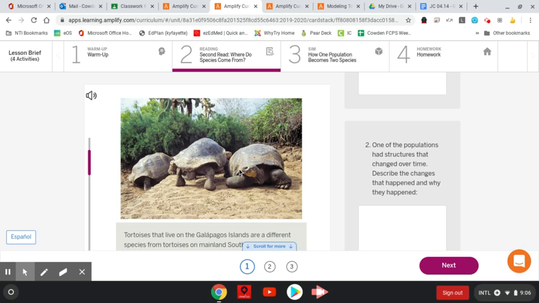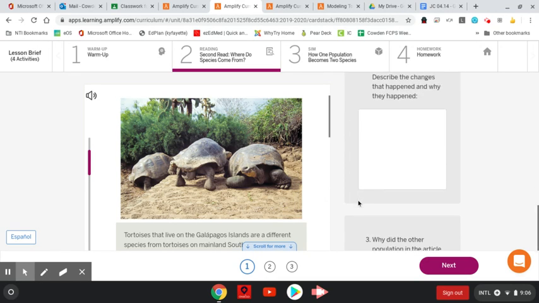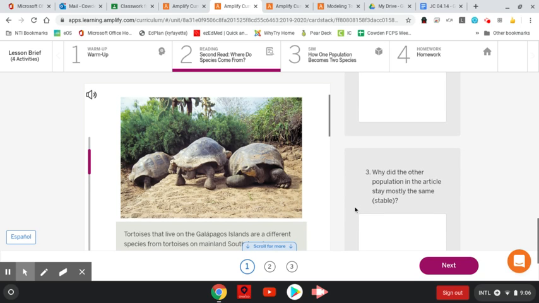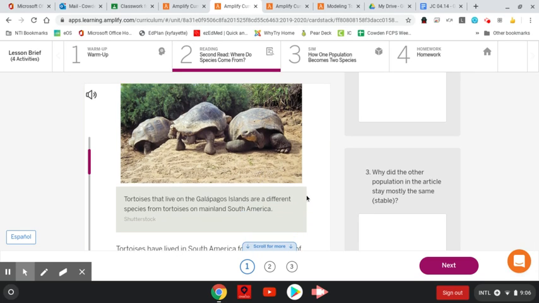Which group of the turtles, the ones that stayed in one area or the ones that went to the Galapagos, changed over time? Then the last question is, why did the other population in the article stay mostly the same? So the turtles that stayed in the one place where they lived in South Africa, why did they not change?